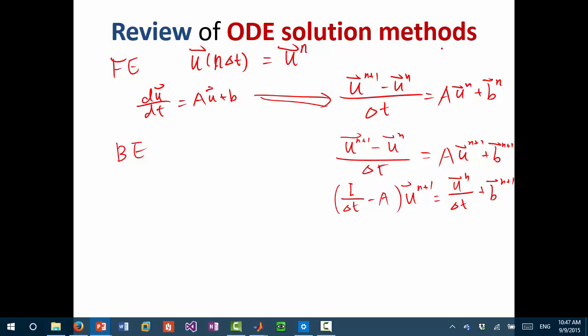But still, nobody has answered my question. Both forward Euler and backward Euler have one common shortcoming. First order accuracy. Exactly, they are only first order accurate. Remember we discussed the order of accuracy in approximation of spatial derivatives.